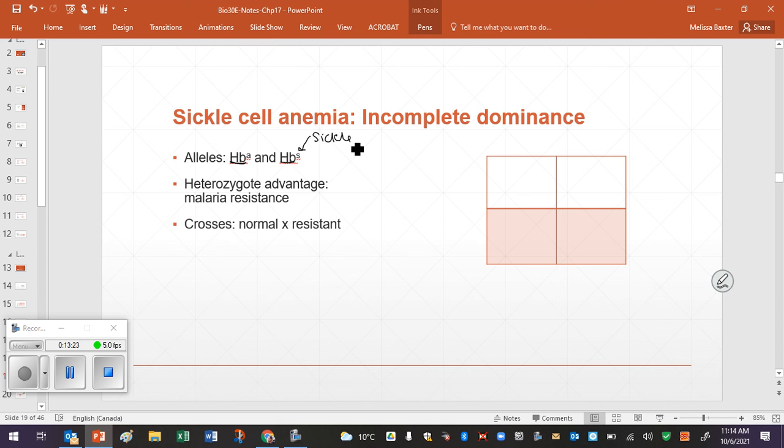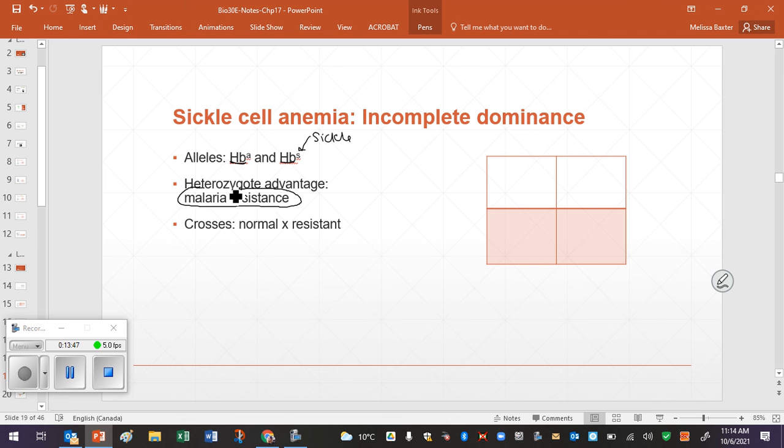Now sometimes the intermediate trait that you get when 2 alleles are incompletely dominant is indifferent, like with color. You're red, you're pink, whatever. Is that really helping you survive? Maybe, but maybe not. But in the specific case of sickle cell anemia, heterozygotes have an advantage.